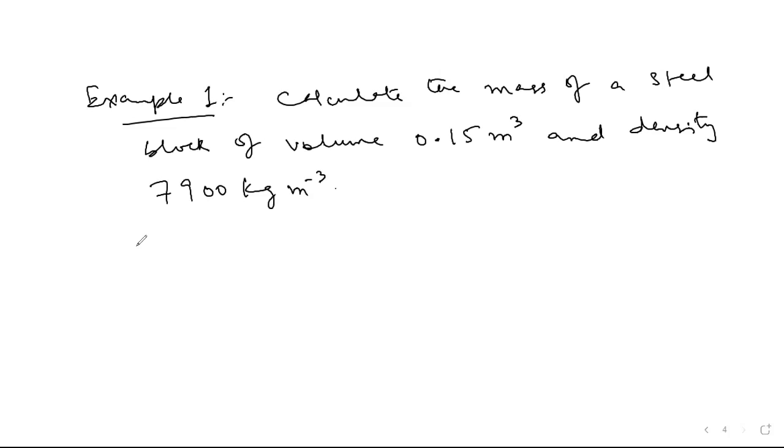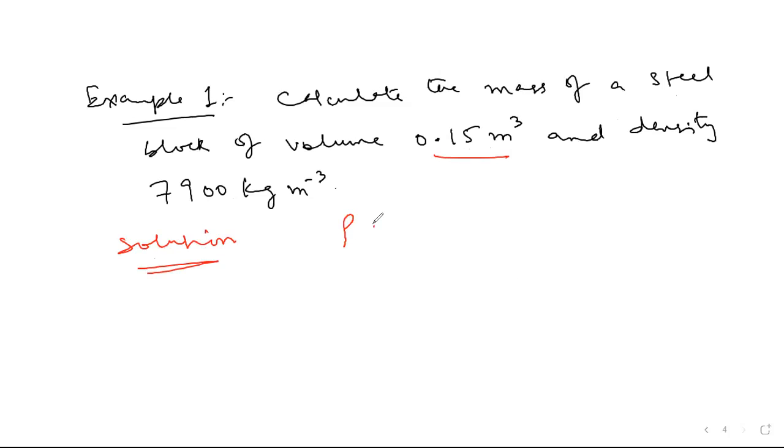So let us move to the solution. Very easy. We have to calculate the mass of a steel block whose volume is given as 0.15 cubic meter and density 7,900 kg per cubic meter.